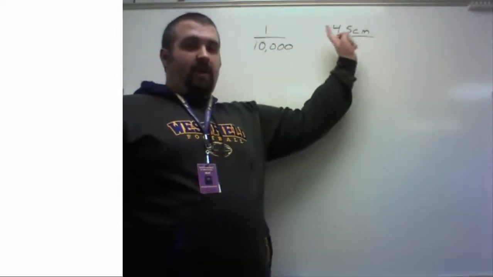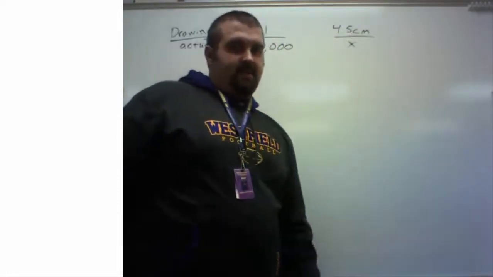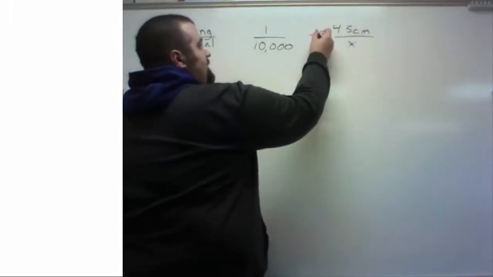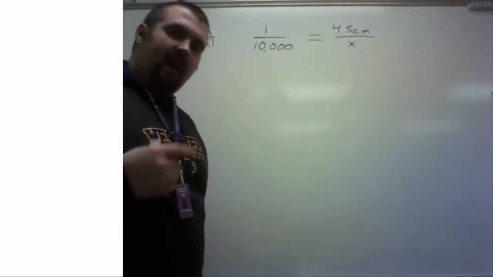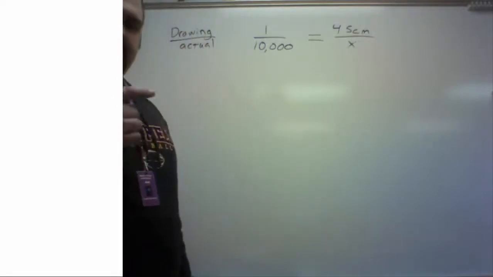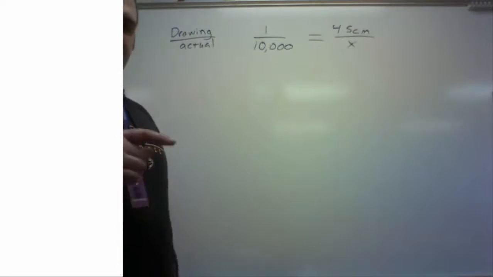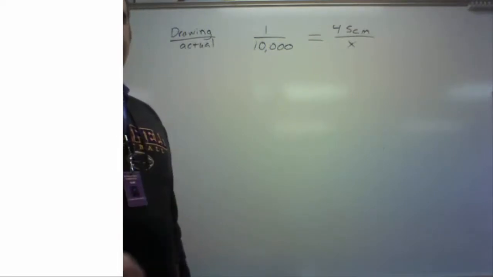If I see 4.5 centimeters, well then the actual will be 10,000 times bigger. 1 to 10,000. So that means these two ratios have to be equal. I set them equal. I have now made a proportion. The drawing will be proportional to the scale. The ratio of the object for any length in it will be proportional to the scale of the drawing.